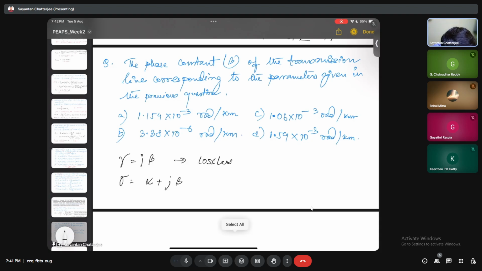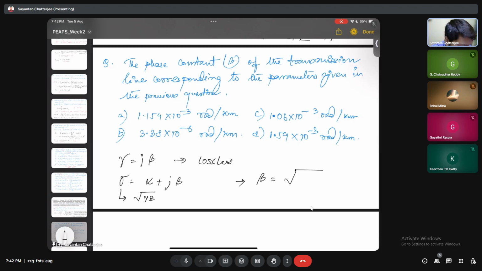So here beta we need to calculate as root under yz. We know that gamma is root under yz.